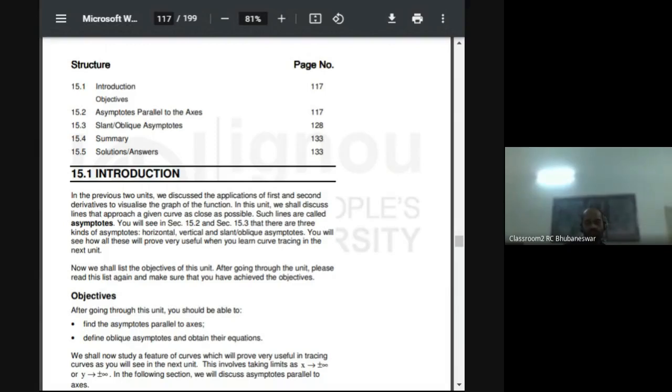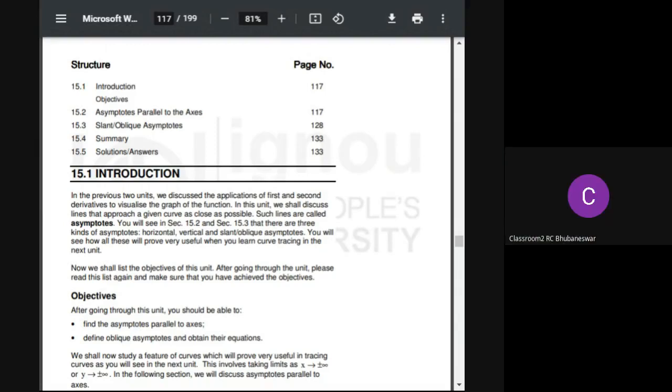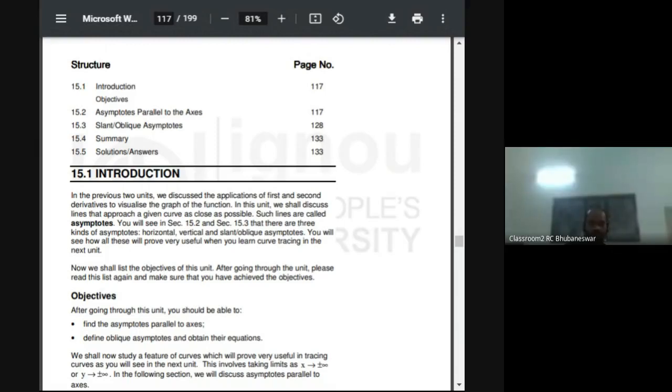Then the calculation procedure of slant asymptotes if the asymptotes are non-parallel to the coordinate axis. Then the summary of this unit on asymptotes.